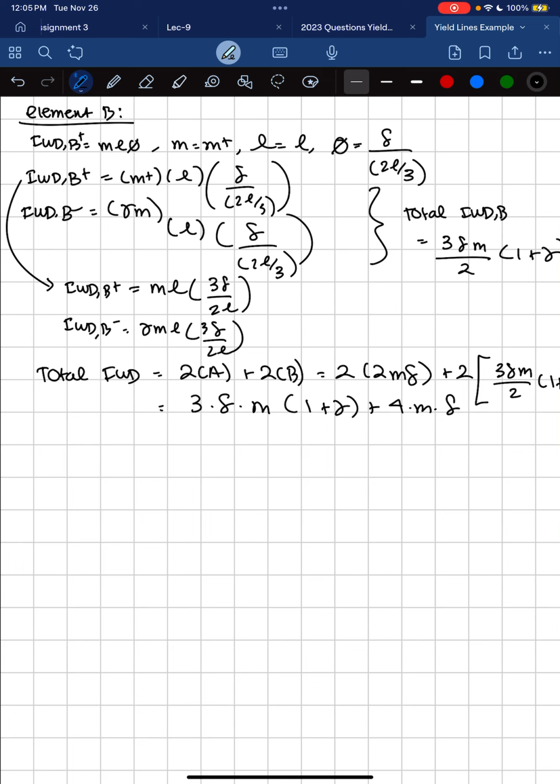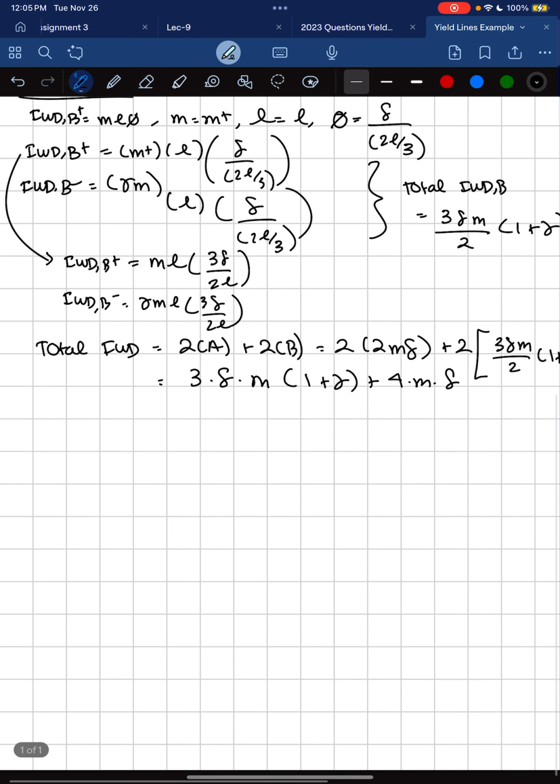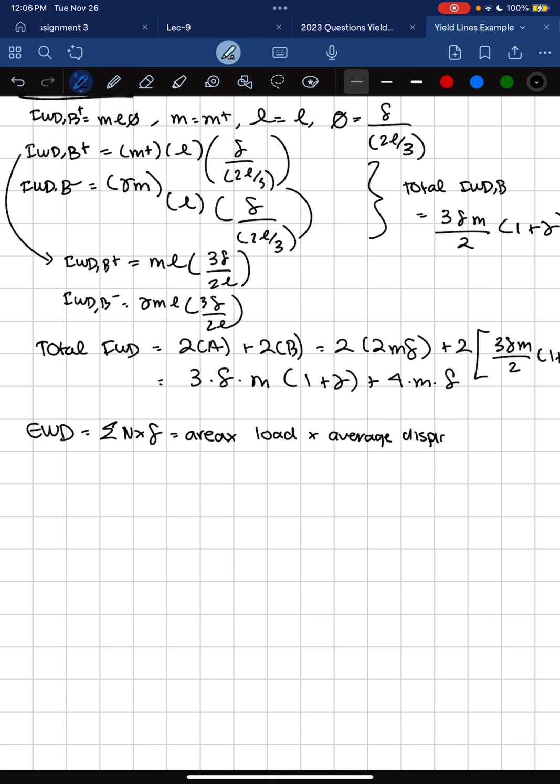Yeah, that's your total internal work done. Now we need to calculate external work done, which is just the formula, N times displacement, which is just area times the load times your average displacement.